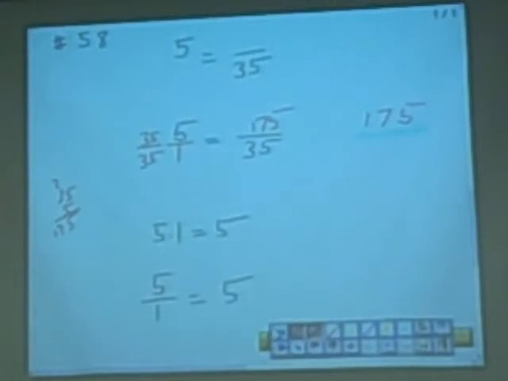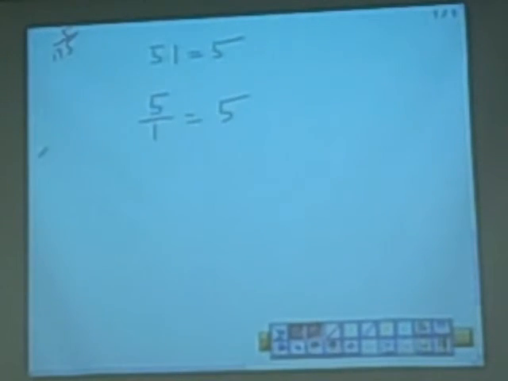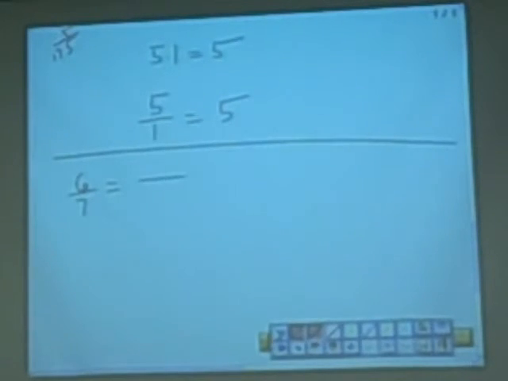All right. Let's give you a chance to try one. Here we have 6 over 7 equals blank over 49. Go ahead and try that one in your seats.